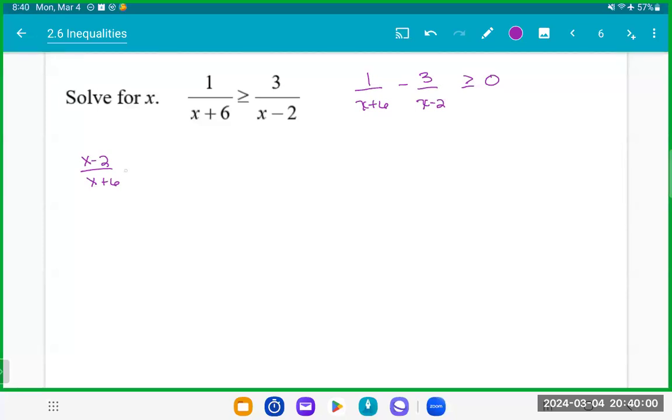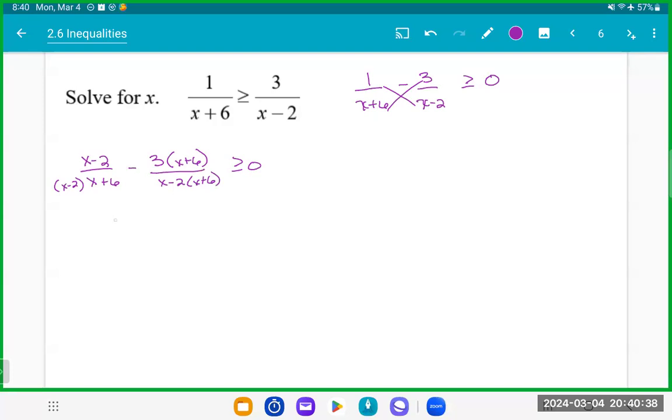And that is because you're kind of just cross multiplying to get that common denominator, minus 3 over 3 times x plus 6 over x minus 2. All of that is still greater than or equal to 0. And that is because we have this x minus 2 here, and I'm going to scoot this x plus 6 over here, right? So we're just getting common denominator.